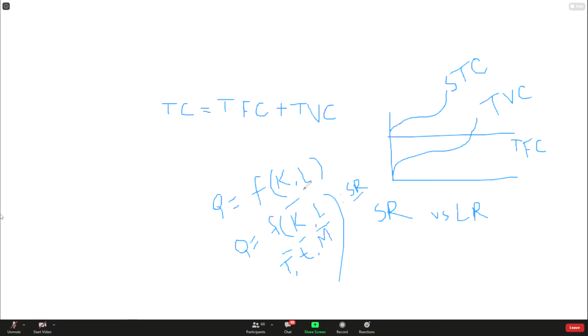Initially, the bank will not give you a loan. The bank will give you a loan after verifying your turnover, that means one year of production, what is your amount of profit. When the bank verifies this information and finds that you have become a profitable firm, then the bank will give you a loan. But it is not possible within one year, in the general sense.